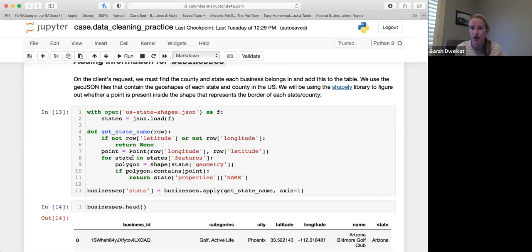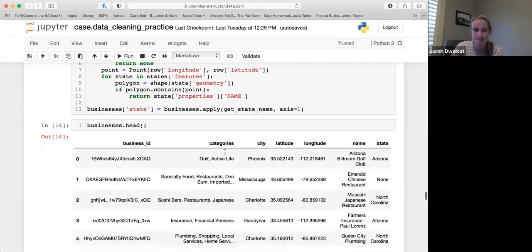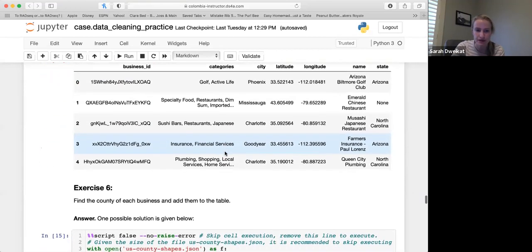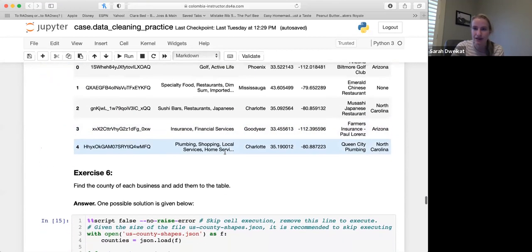So we could have called this anything. Usually for loops are for i in something or for j in something. This name was just for clarity, to help you think about what we're doing. But Python does not recognize state versus county versus anything like that. We put those names in. That's a good question. Okay, so let's go through exercise 6.